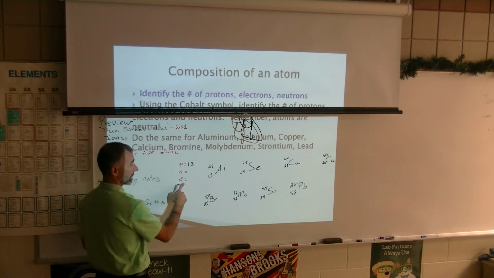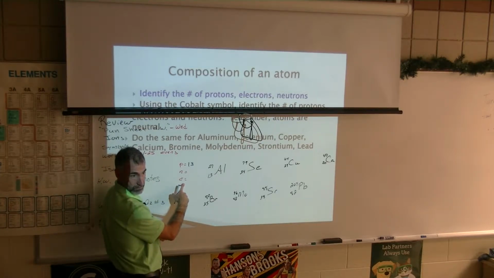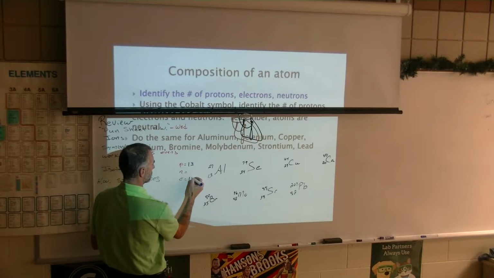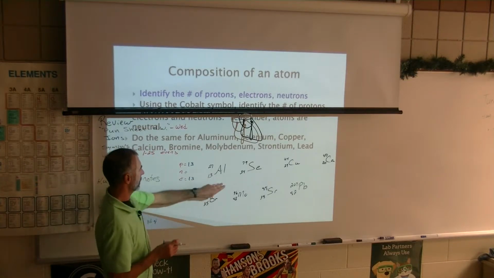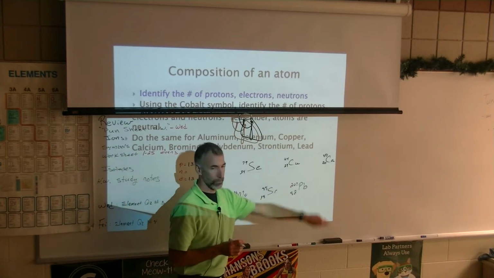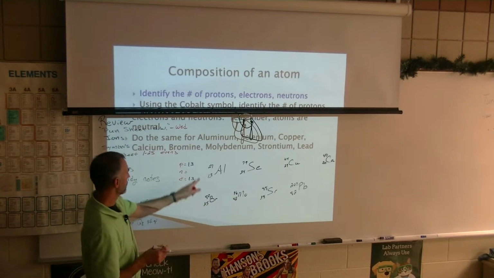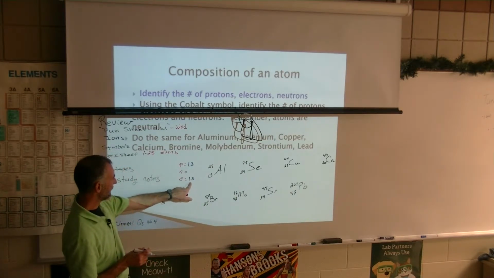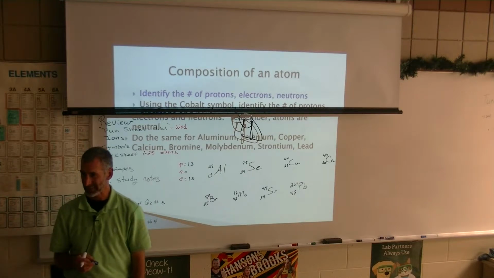And how about the number of electrons? I can also put 13, good, because all my atoms are neutral. They have no charge. So if I have a certain number of protons, they have to have the same number of electrons. That makes it a little easy.